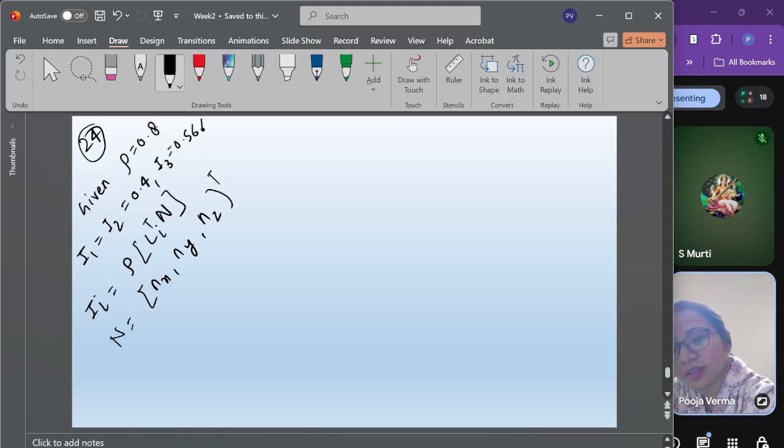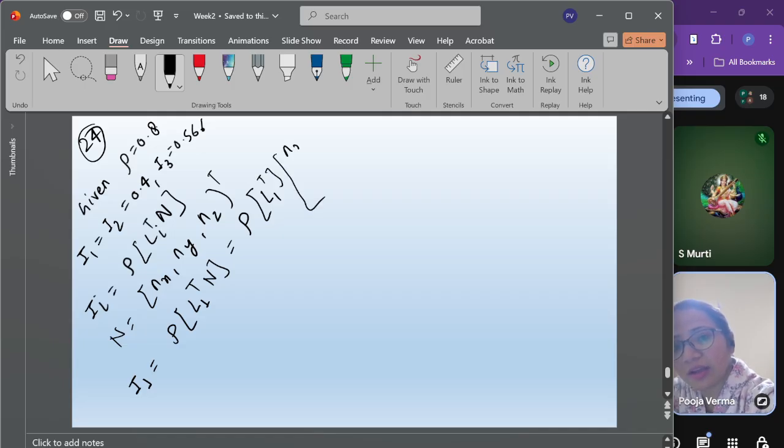Let's first calculate for I1. I1 will be rho L1 transpose n, so let me write nx, ny, and nz in that form, because we need to calculate. So just put the values.